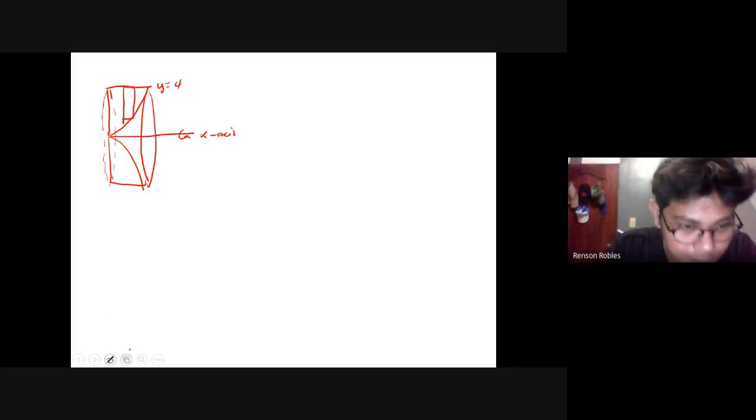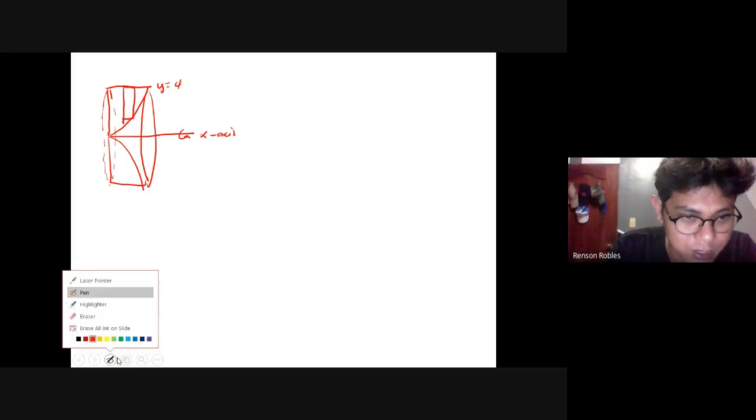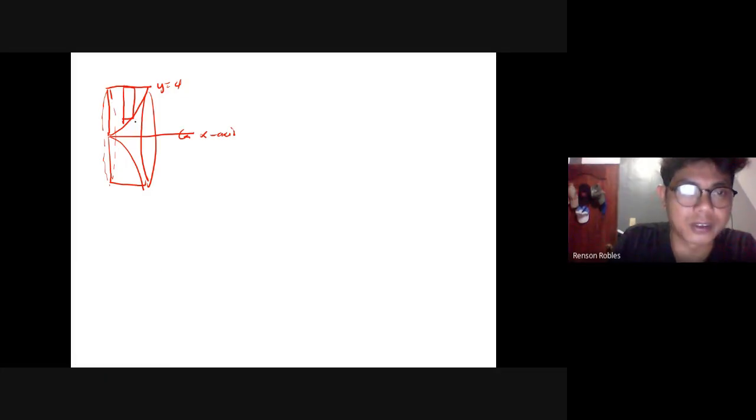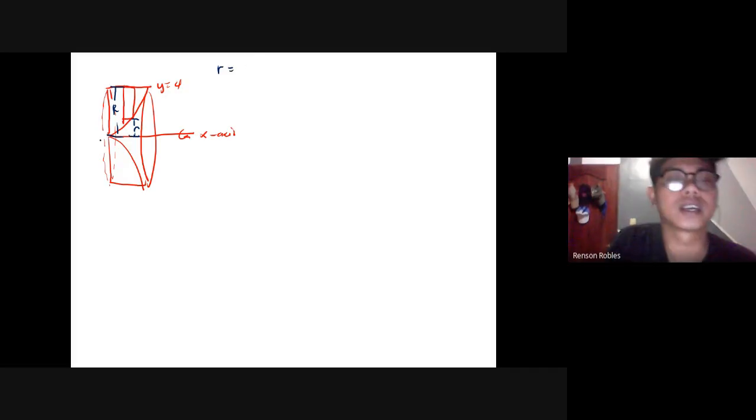And then you draw the distances. So make sure you label your graph para mas makita nyo yung element na hinahanap nyo. This is small r, and this one is your capital R. And then you draw. How do you write your small r? Again, the equation of this curve is y equals x squared or x equals square root of y?